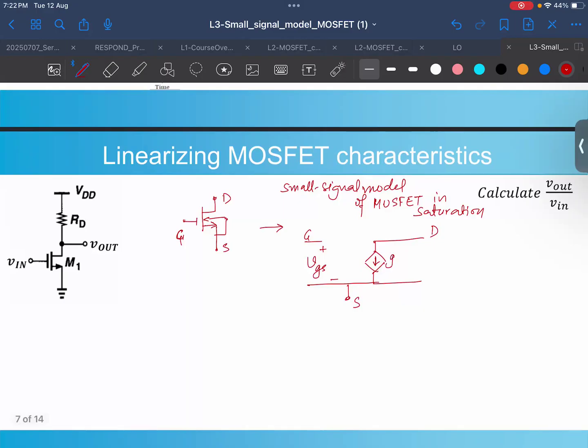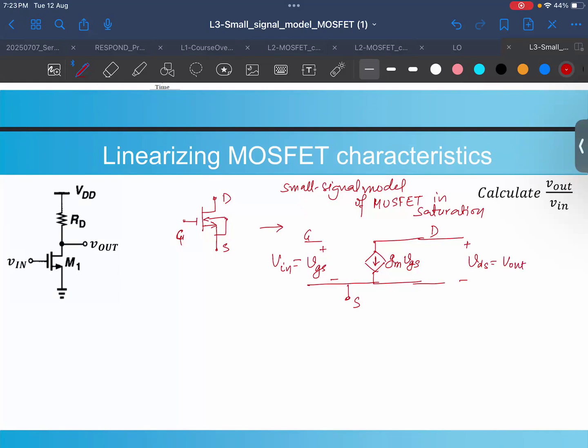Between drain and source, we have the response, which is gm times small VGS, which is the perturbation this is causing. Another perturbation we saw comes from the drain source voltage, small VDS, which is also equal to V naught.